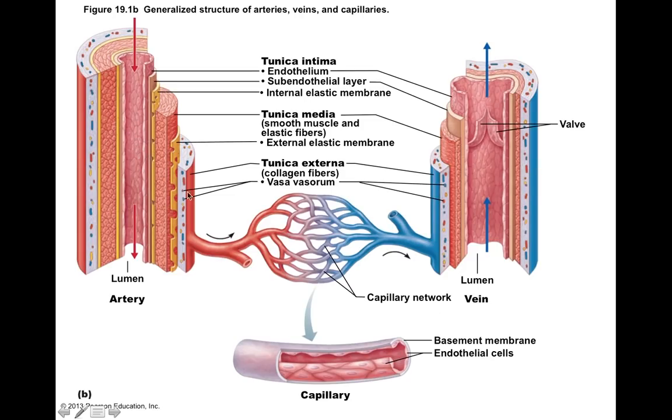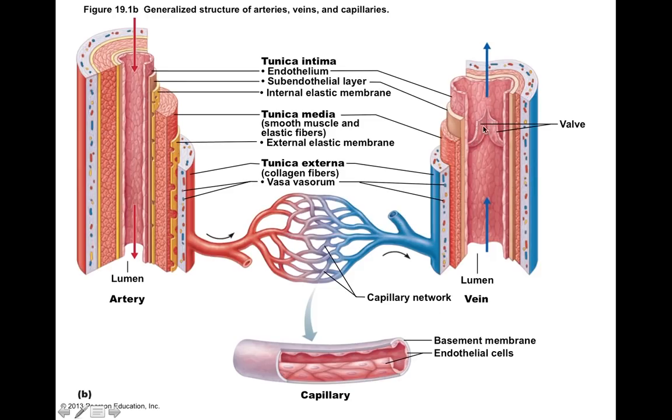But the way you can tell artery versus vein, other than the fact that this is labeled, you see the artery label right there, is the fact that arteries have thicker walls, right? So look how thick the wall of this vessel is right here, you guys. And that makes sense because arteries carry high pressure because they're carrying blood away from the heart where the pressure started or was generated. And then veins have thinner walls, and they also have valves.